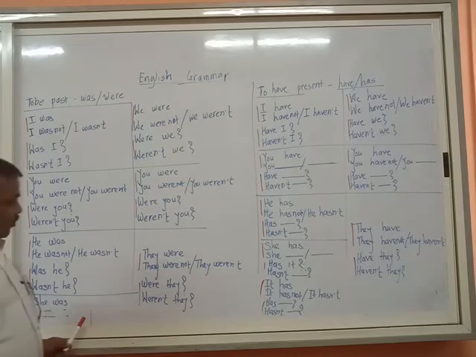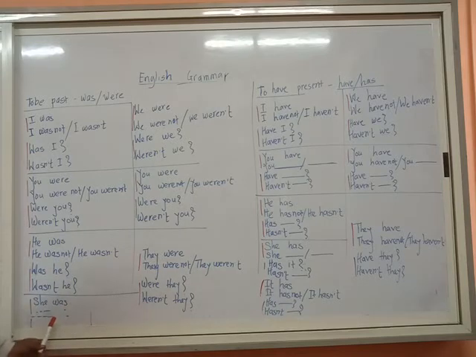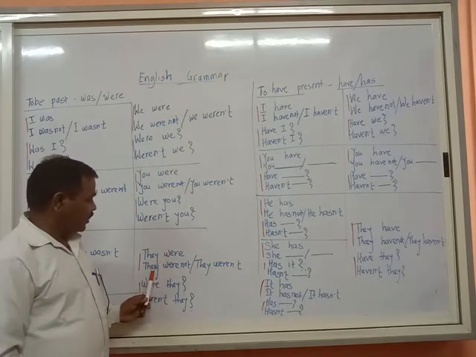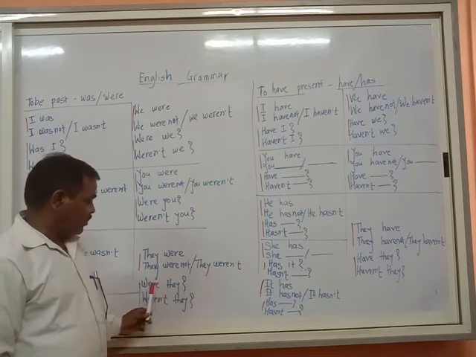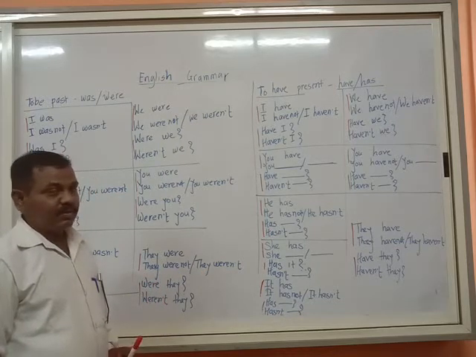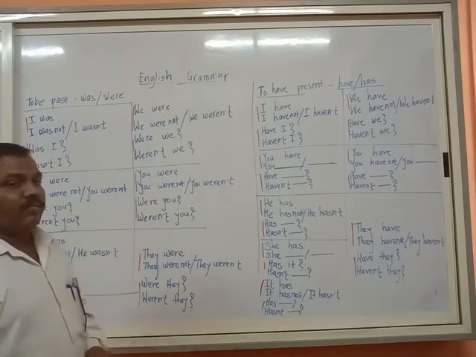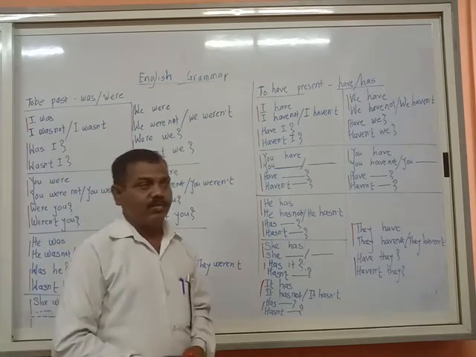In the same way, you have to write it yourself. It was not, or it wasn't, was it, wasn't it. So complete yourself. And they were not, they weren't. Were they, weren't they. Like that. So this is about the past tense of the to be forms.